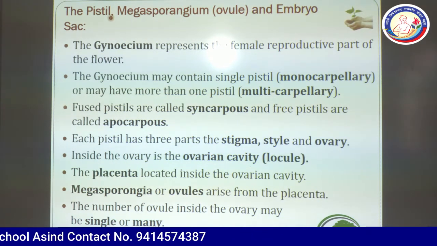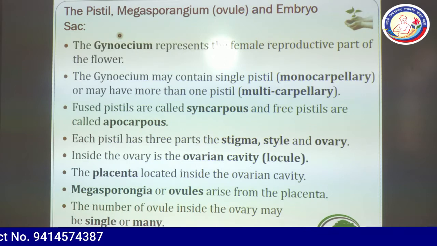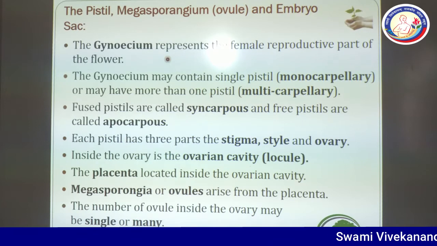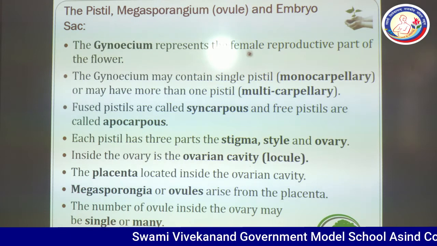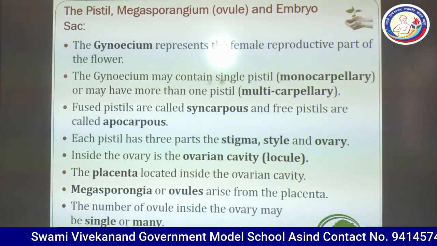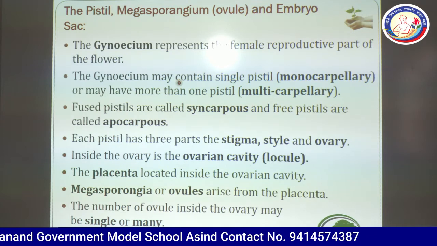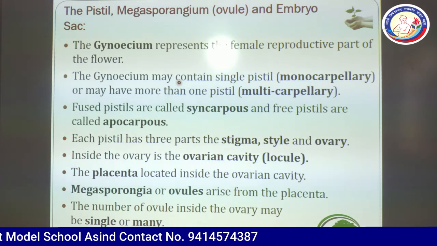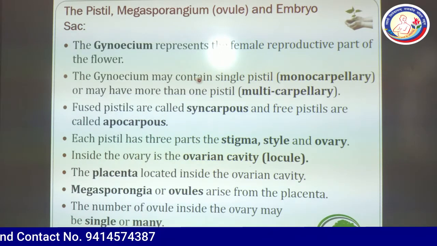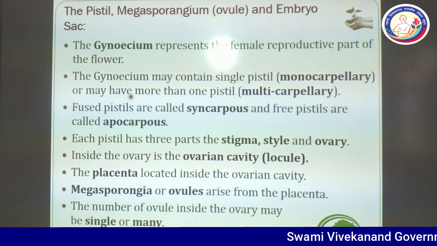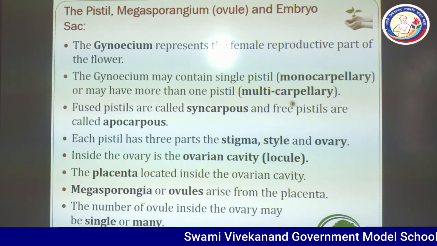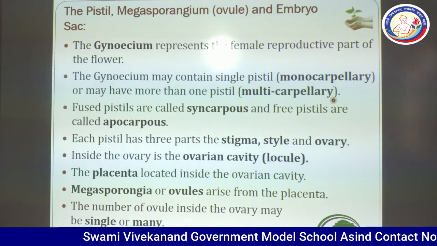The pistil, megasporangium, and embryo sac. First of all, the gynoecium represents the female reproductive part of the flower. It may contain one or two or more than two pistils, and we give the name monocarpellary for one pistil, bicarpellary for two pistils, and when more than two pistils are present, it is known as multicarpellary condition.